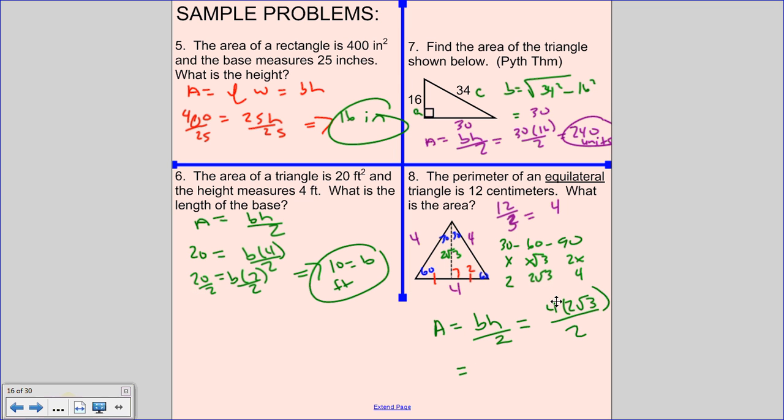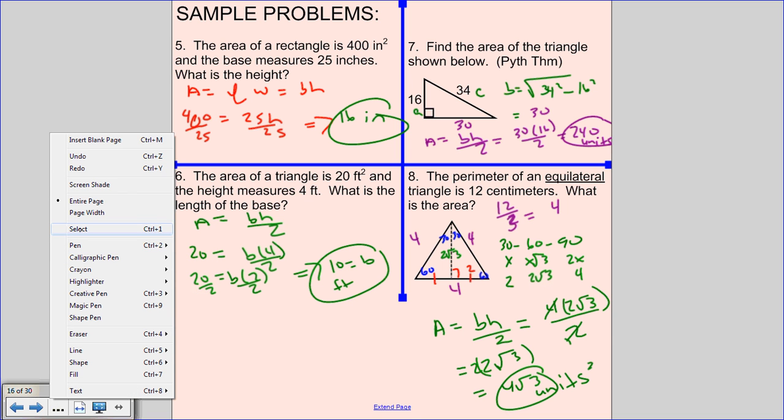So we can take the 4 divided by the 2, and that'll leave us a 2 root 3 times 2, which ends up 4 root 3. That's the exact answer, and then you can put it in the calculator if you want the approximate answer. But this concludes your notes for this lesson.